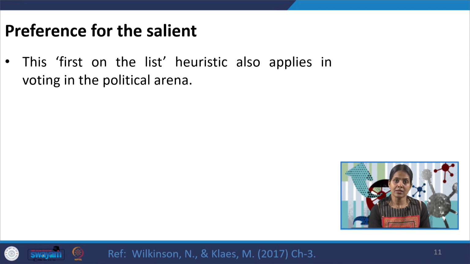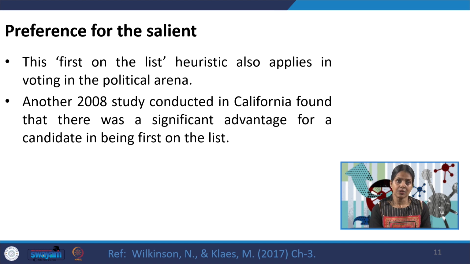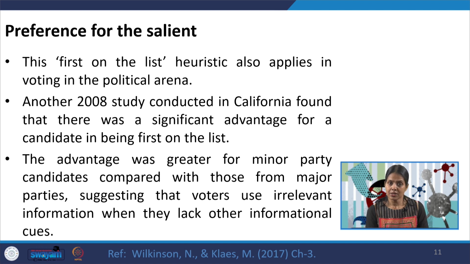The first on the list heuristic also applies in voting in the political arena. Another 2008 study conducted in California found that there was a significant advantage for a candidate in being first on the list among those who are contesting. The advantage was greater for minor party candidates compared with those from major parties, suggesting that voters use irrelevant information when they lack other informational cues.